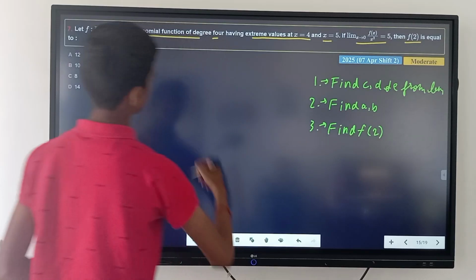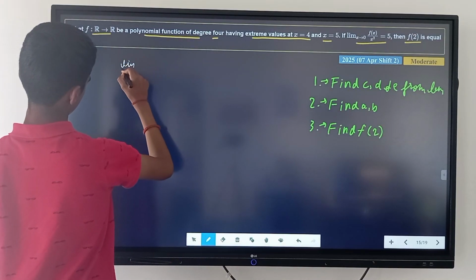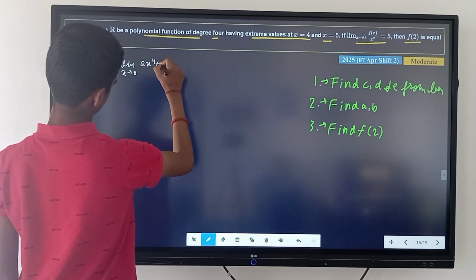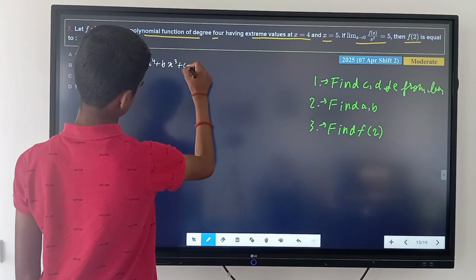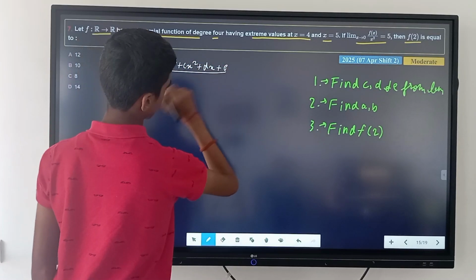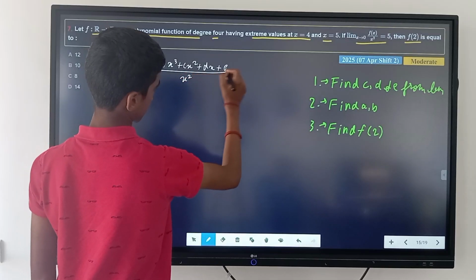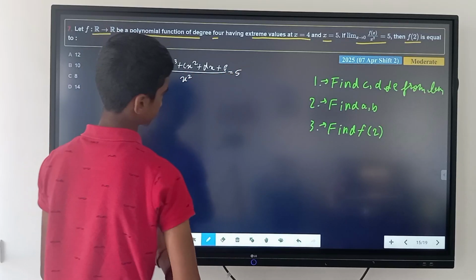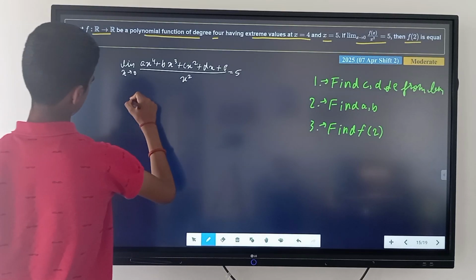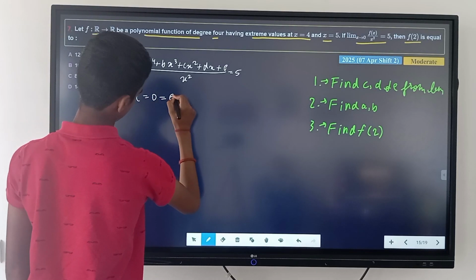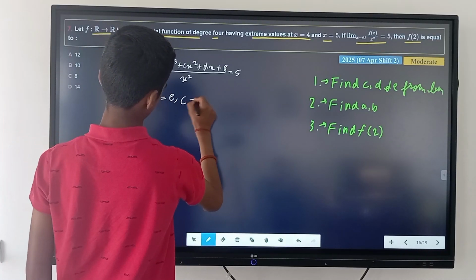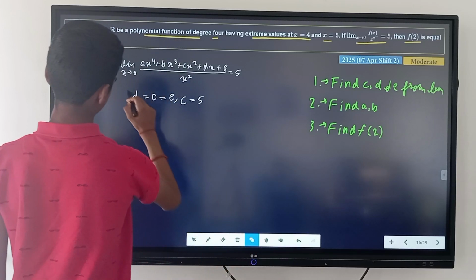So here we have the limit as x tends to 0 of f of x, which is ax^4 plus bx cube plus cx square plus dx plus e, divided by x square, equal to 5. For this limit to exist, d and e should be equal to 0, and for this limit to be equal to 5, c should be equal to 5. And a and b are still unknown.